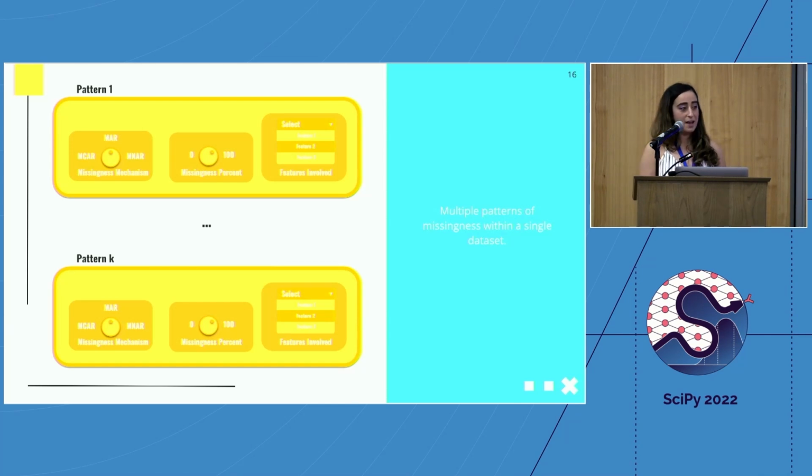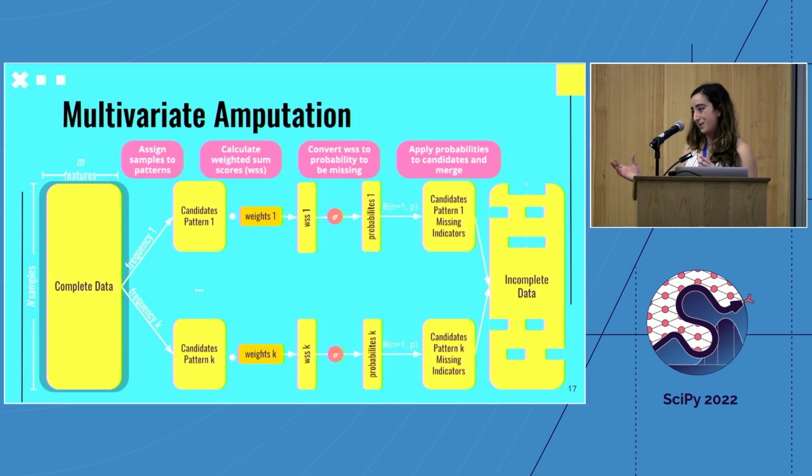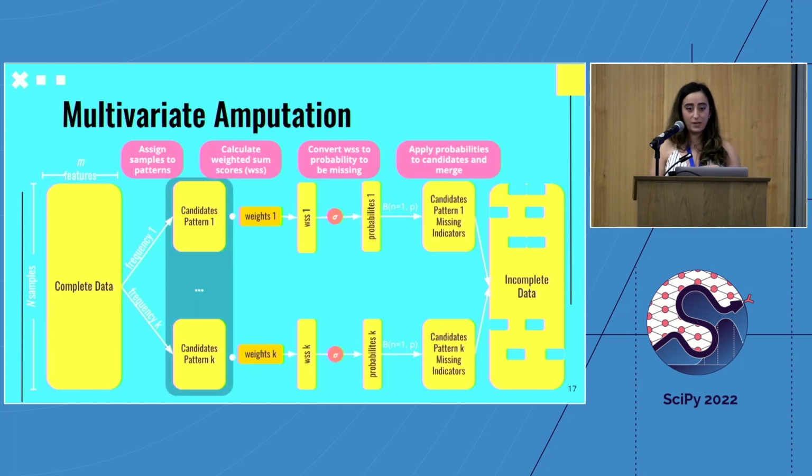So how does Pyampute actually achieve missingness accounting for all these components? Let's take a look a little under the hood. First we take a complete data set. You have n samples, m features, and some user-defined patterns of missingness that isn't depicted here. First, we assign samples to each pattern according to a desired relative frequency to other patterns.